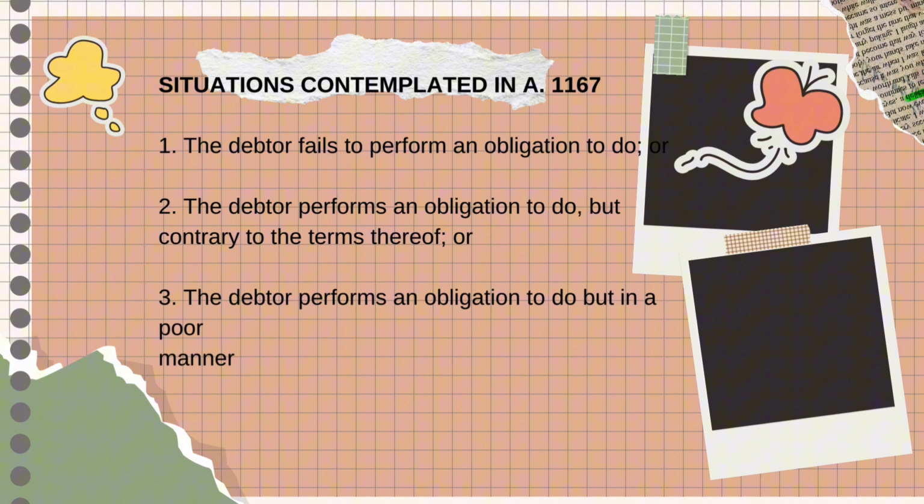What will be the remedy of the creditor in a positive personal obligation? If the debtor fails to comply with the obligation to do, the creditor has the right to have the obligation performed by himself or by another, unless personal considerations are involved, at the debtor's expense. And number two, to recover damages. Siyempre, pwede mag-recover ng damages si creditor under Article 1170.